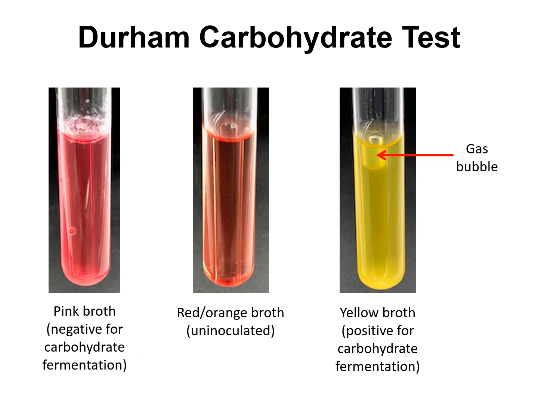So if it's pink, well, that means that your bacteria did not go through the fermentation process. The bacteria did grow, okay, so you do have growth and everything, and you can also determine that by the turbidity, but because it's pink, that would mean it's negative for carbohydrate fermentation.